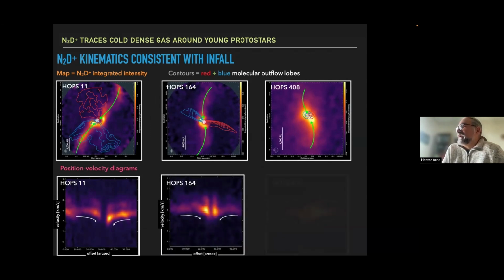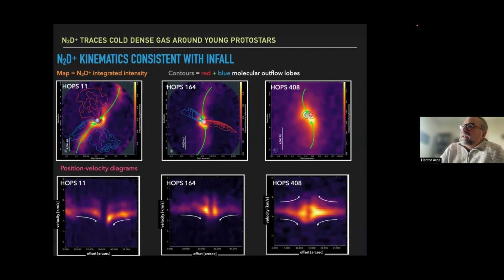Infall streamers are elongated, filamentary structures around protostars, which, if you look at their velocity structure, appear to show velocities consistent with what you would expect from gravitational infall.